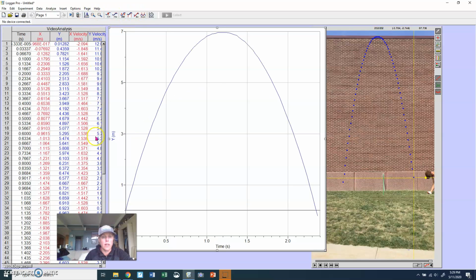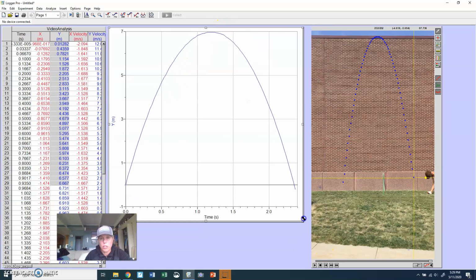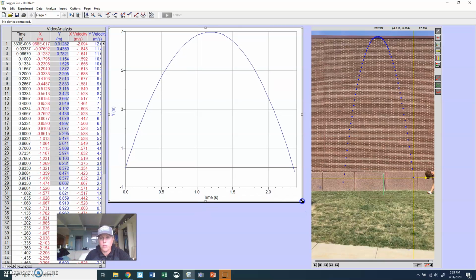I'm going to scale that. If this is 0, 0 on the video, right where she hits the ball, it goes up and it comes down. So it's just looking at the y data, and it's plotting it. It goes up, and it goes down. What kind of motion is happening vertically?